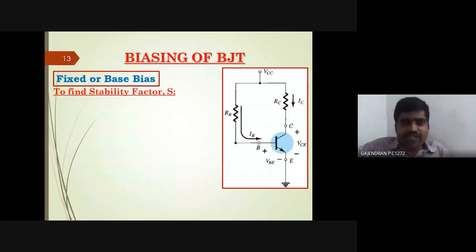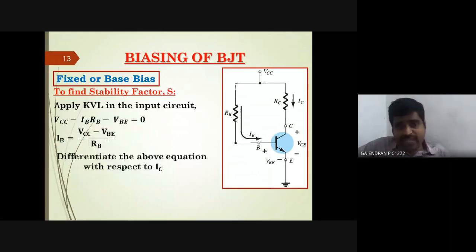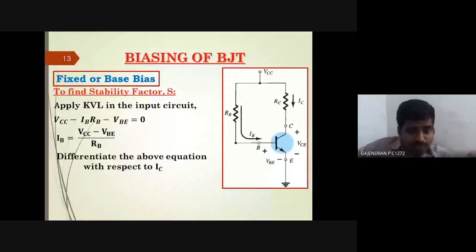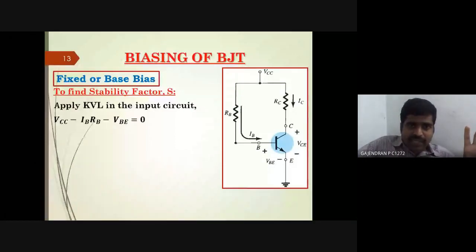Okay. So fixed bias, now again we are going to apply KVL in our input circuit. So this is our KVL equation. From that we arrived at one thing. Now we are going to differentiate the above equation with respect to IC. You know that the stability factor is the small change in the collector current with respect to the change in your saturation current.